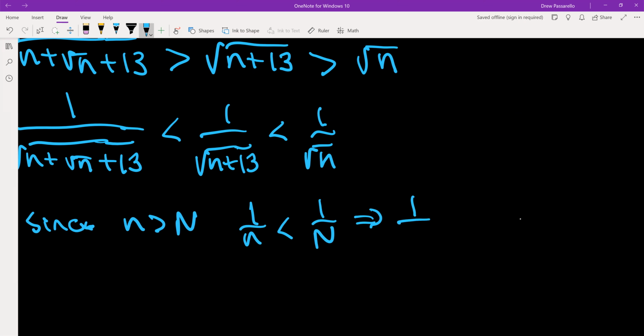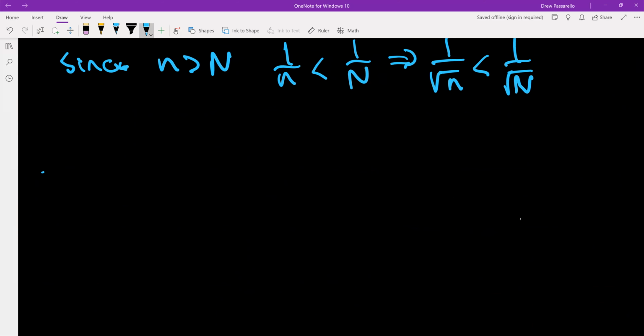So this is the N that we're going to use. And again, all of this is scratch work. Now, here's the proof. And mind you, if you notice any mistakes in these examples that I'm doing, feel free to comment. So the proof: we're given epsilon.